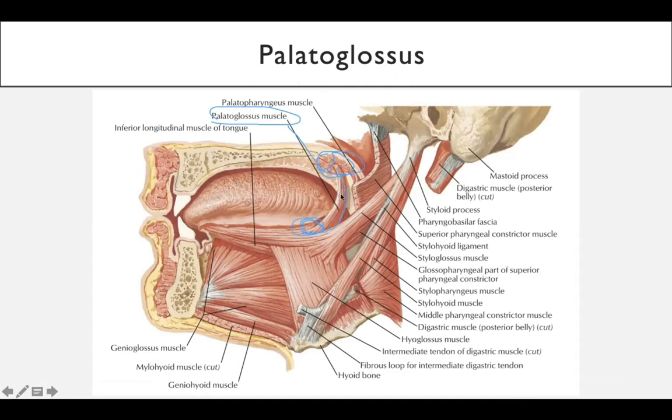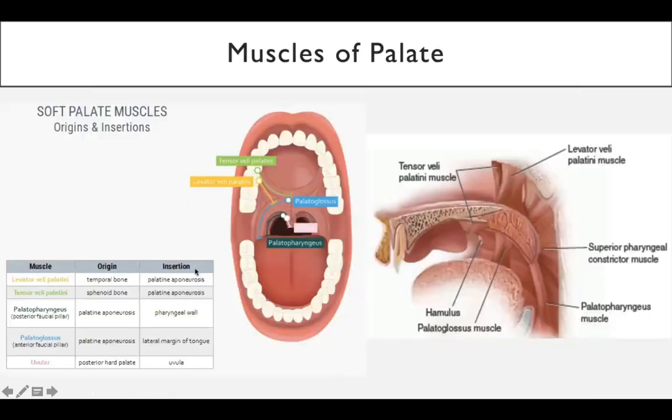And what do you do? You elevate the tongue, so you narrow down and almost close the oropharyngeal isthmus. Okay, thank you. We agree you do. Okay, so muscles of the palate, again, is another representation. So there is palatoglossus muscle elevating the tongue, and tensor veli palatini muscle here, and this is a median section.